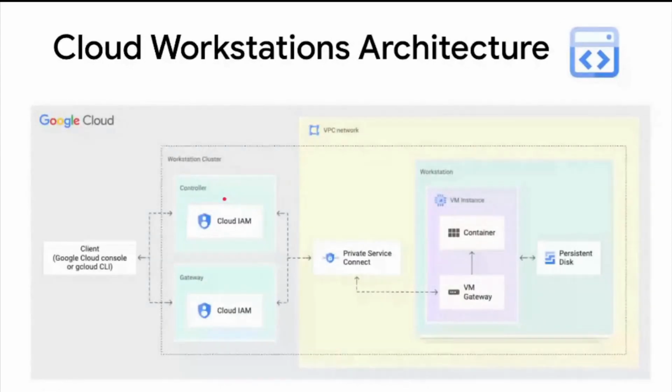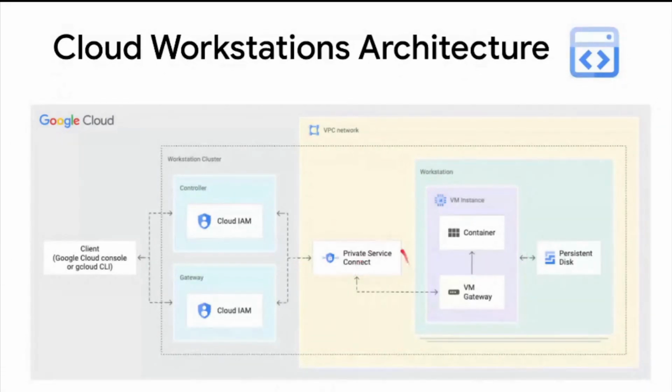If we take a look a bit at the cloud workstation architecture, right? In this case, cloud workstation, as you can see here, is running inside a VPC network. So when you define a cluster, you can also define which VPC it will deploy to. And then once you create a workstation, it is actually a container running on a VM, running on a Compute Engine.